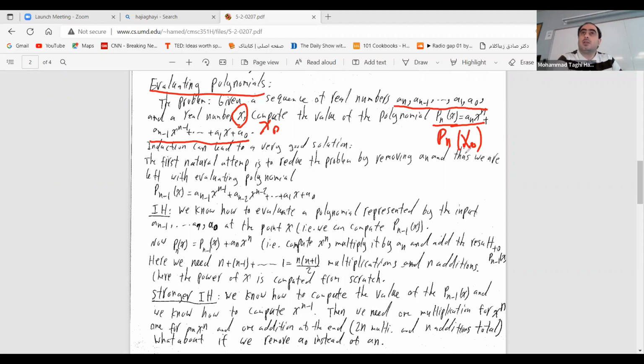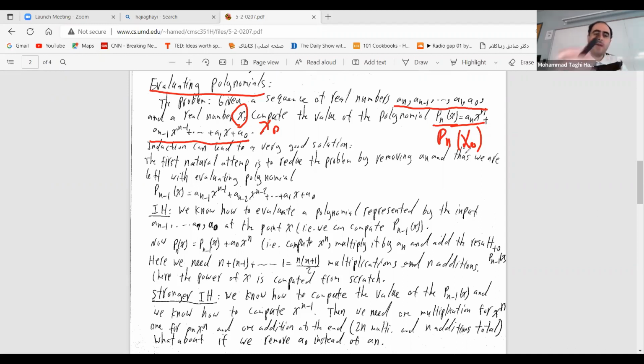Good. So how can we compute Pn of x0? You could say recursively: you compute P of n minus 1 of x, and then you get the result by multiplying by x to the power n minus 1.